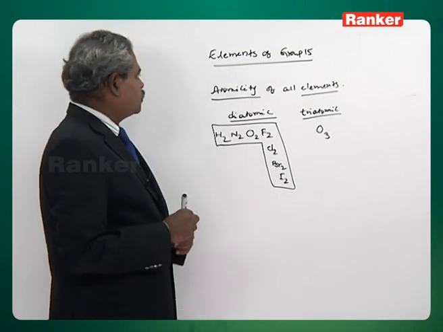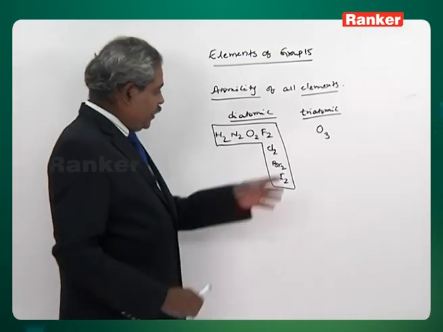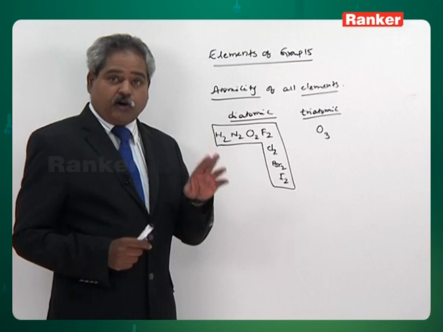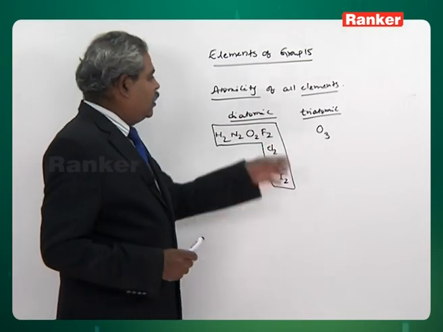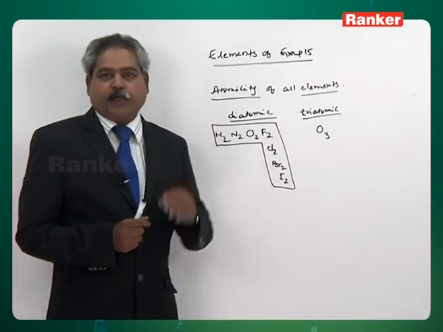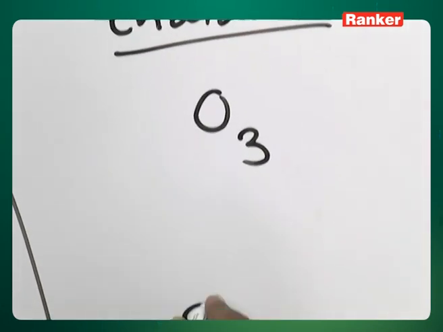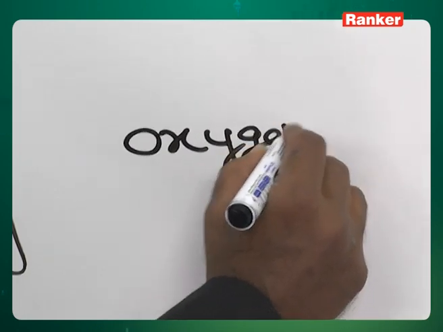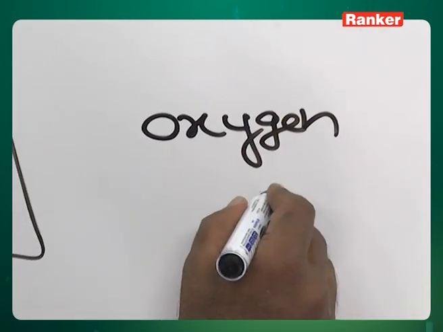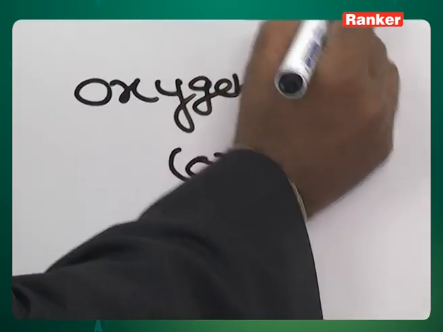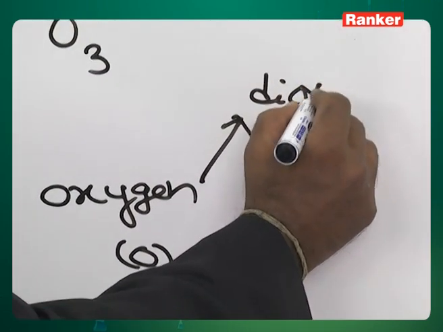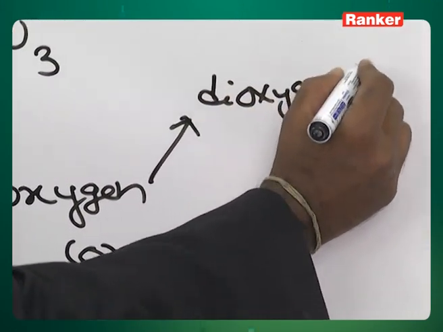Oxygen, the dioxygen O2 and O3 are two allotropic forms of the same element called oxygen. Oxygen is the name of the element whose symbol is O, and its allotropic forms are dioxygen, the usual oxygen.